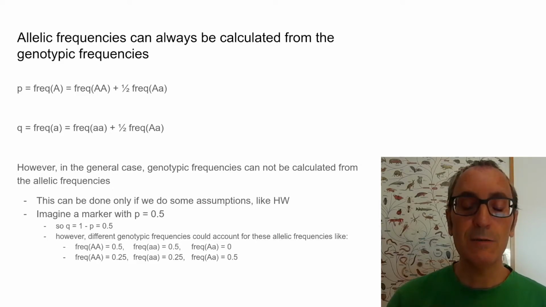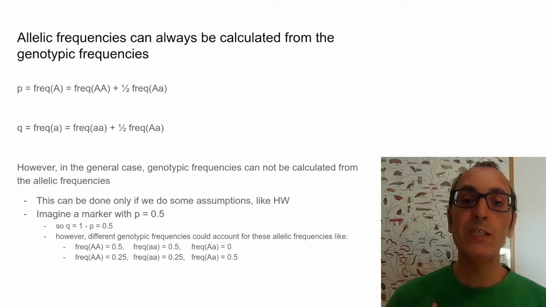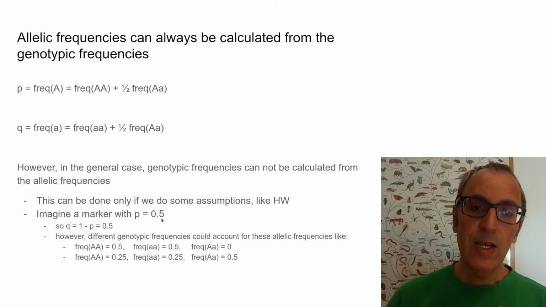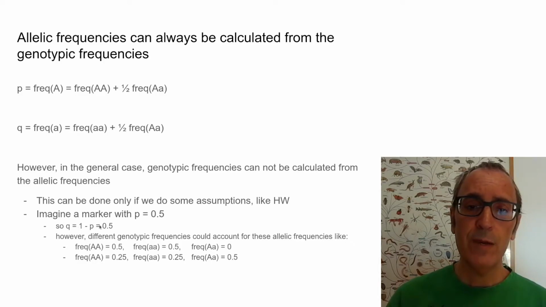But in general, this will be useful because we can compare what we expect for a particular kind of ideal population with what we see. Okay, imagine that we have one marker and the allelic frequency is 0.5. In this case, q would be 0.5 and p would be 0.5, of course, because they sum to 1.